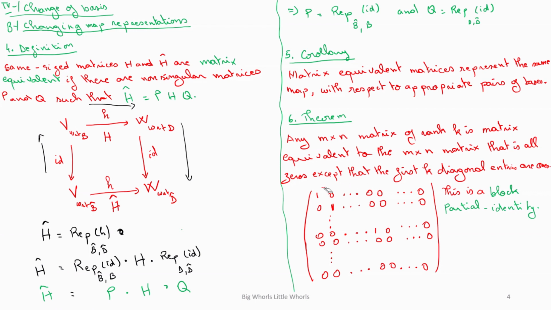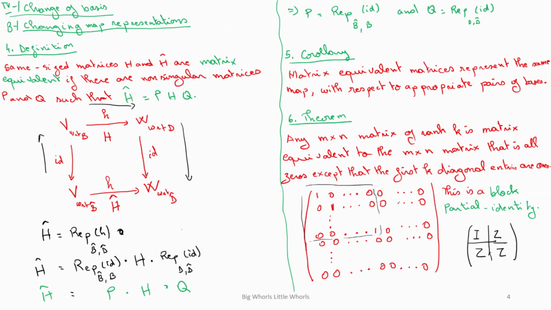So here are the k diagonal entries. They are one, and the rest is zero. So this looks like the identity there, zeros, and zeros.